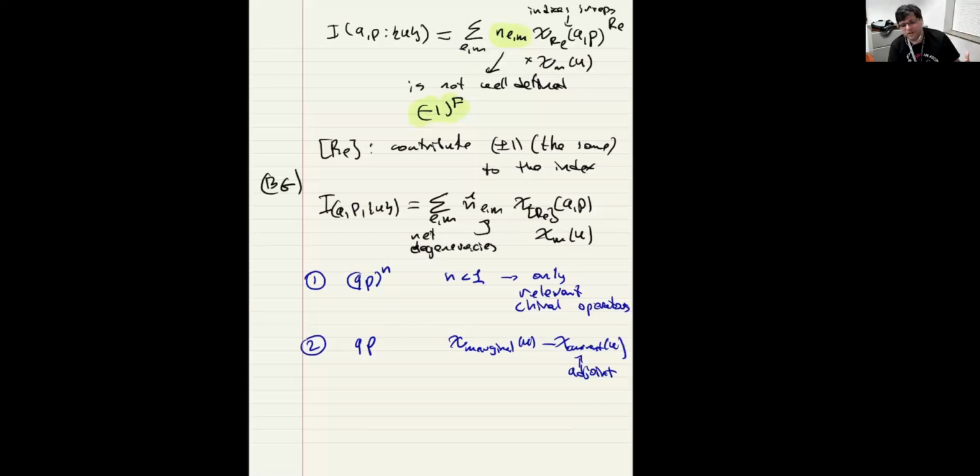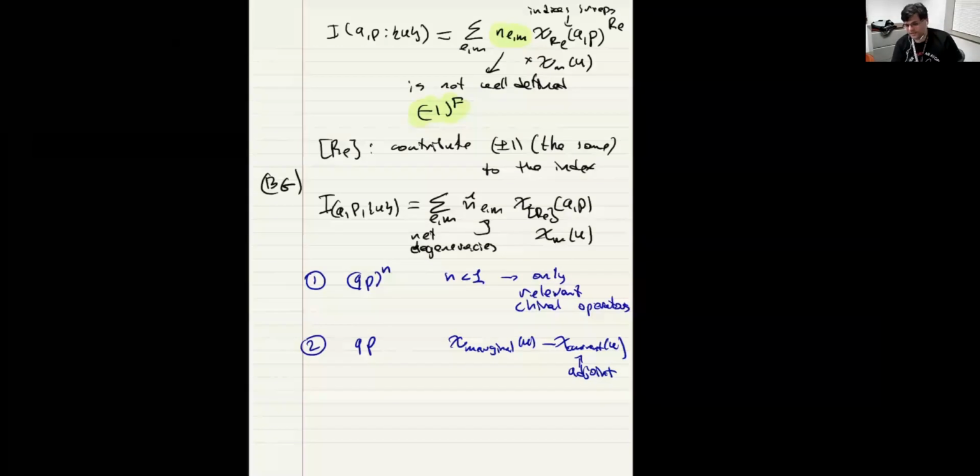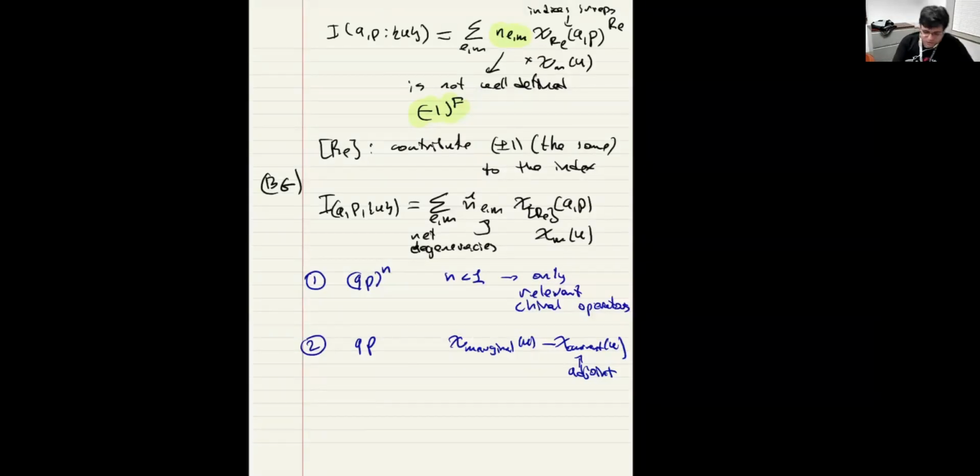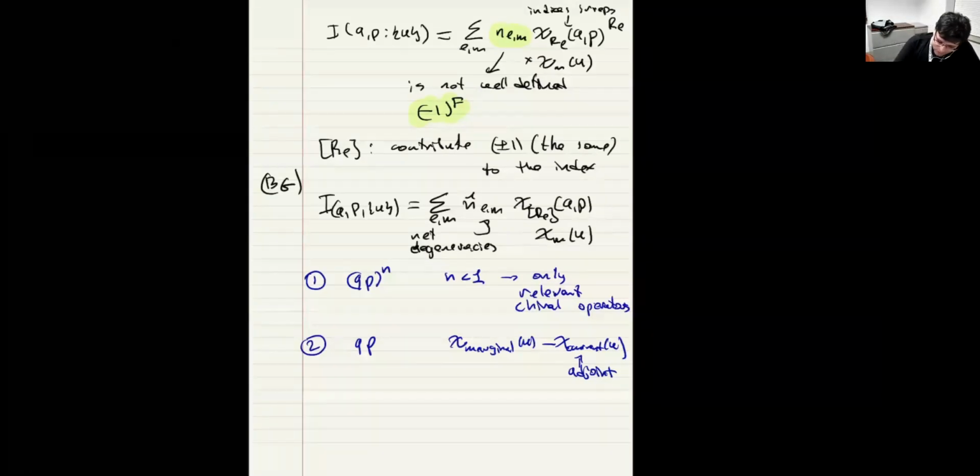So marginal operators and the conserved currents contribute at the same order in the index, but with an opposite sign. Okay, so these are the two things that you can most cleanly read from the index. You can read off the relevant operators and the marginal operators minus the conserved currents.